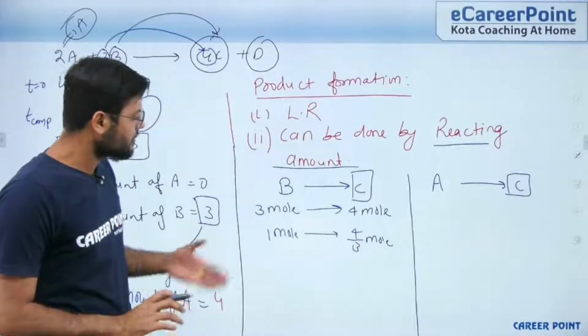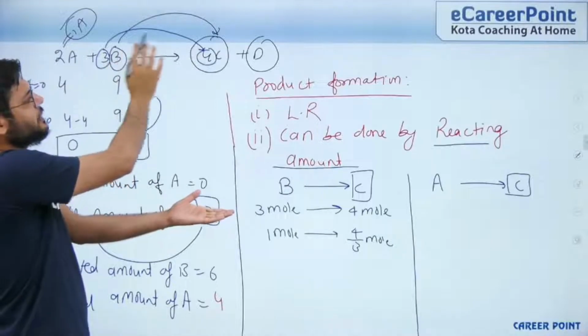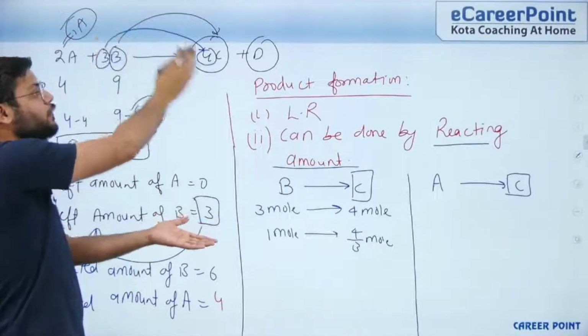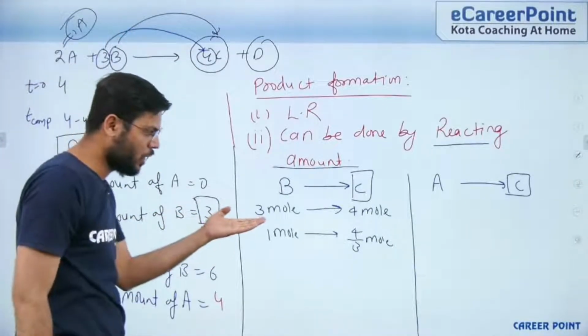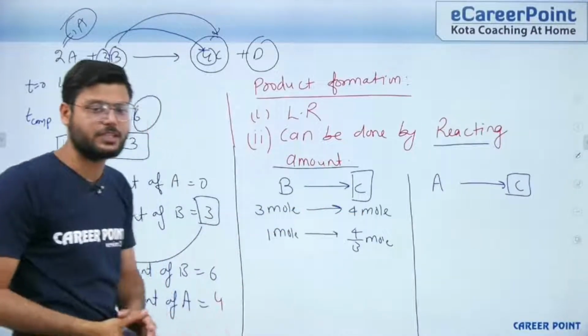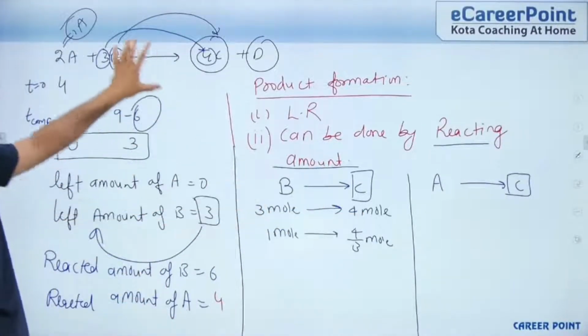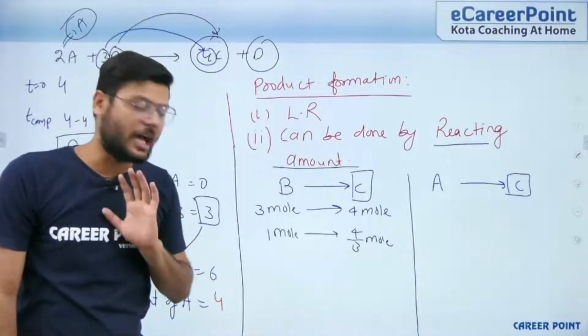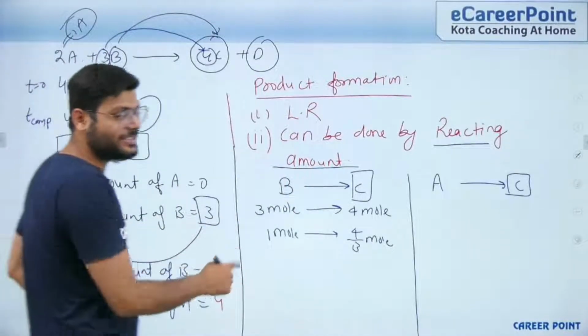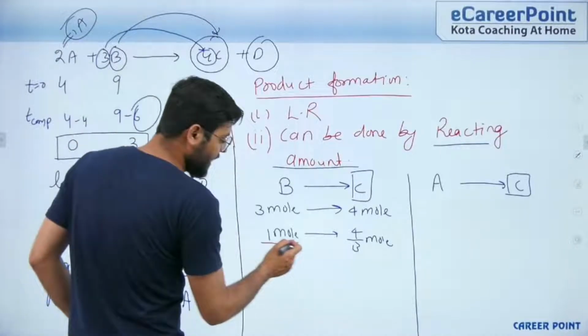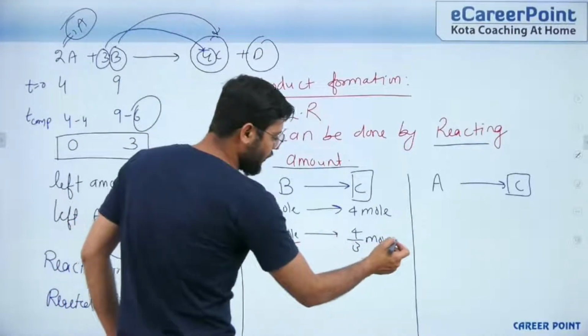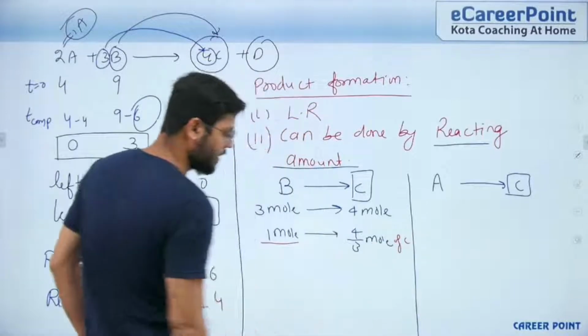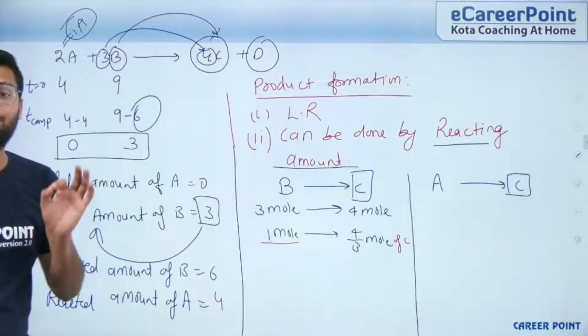So 3 mole of B is forming 4 mole of C, which is the information we have extracted from the reaction. Now by the unitary method, 1 mole of B is going to form 4 by 3 mole of C. Now how much mole of B is reacted?